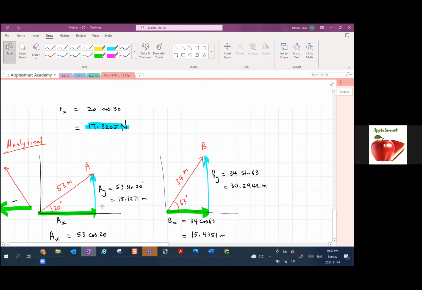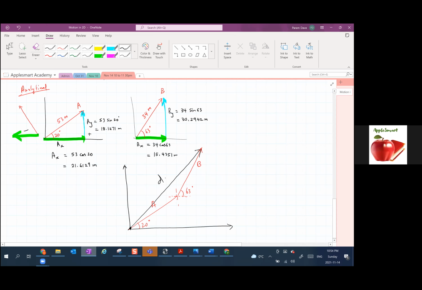So I'm drawing this head to tail, okay, just to show you one thing, that is 20 degrees. This is vector B, and my resultant will go from this tail to that head over here. This is going to be my D total, okay? So now what I just did is, well, I found out the X part of vector A that brought me this far, and then the X part of my vector B that brought me this far, okay?